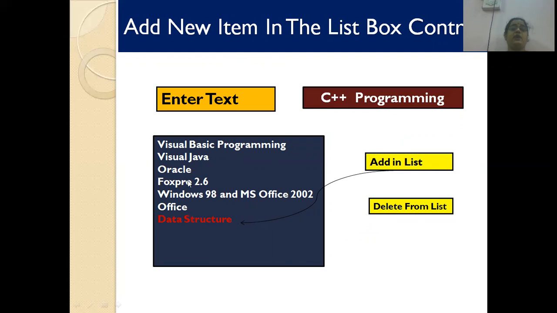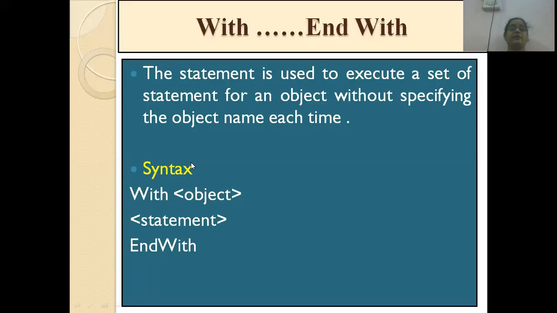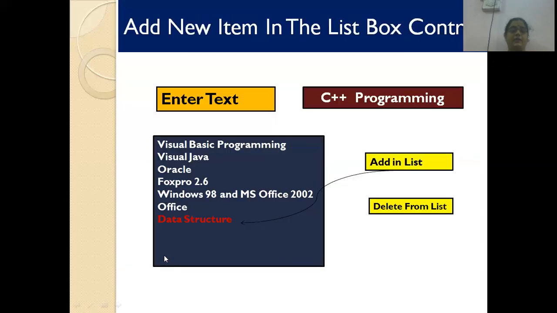Similarly, if I want to delete some item from the list box control, you can select a specific item and delete it by clicking on the delete from list button.